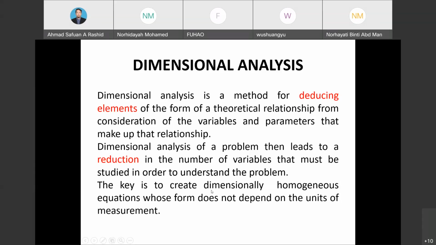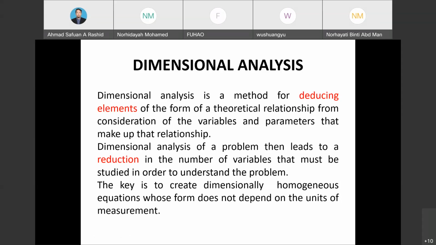So the key is to create a dimensionally homogeneous equation whose form does not depend on the units of measurement. At the end, we want to come up with a dimensionless or dimensionally homogeneous equation, which doesn't have any units of measurement.